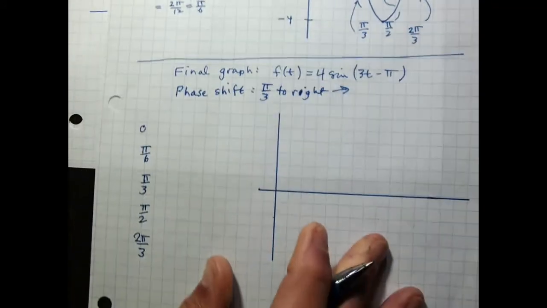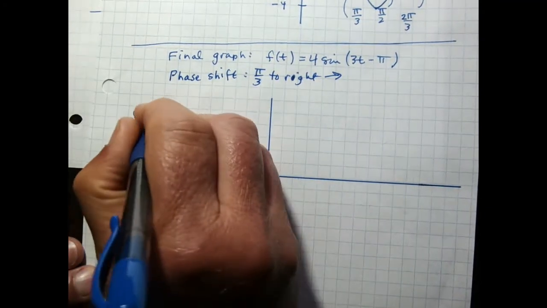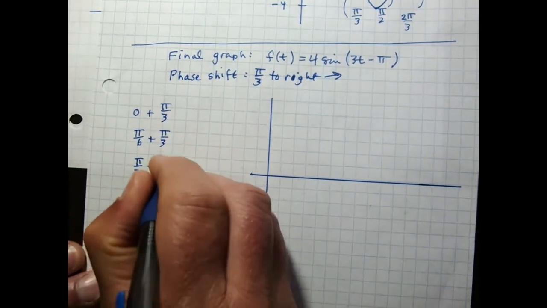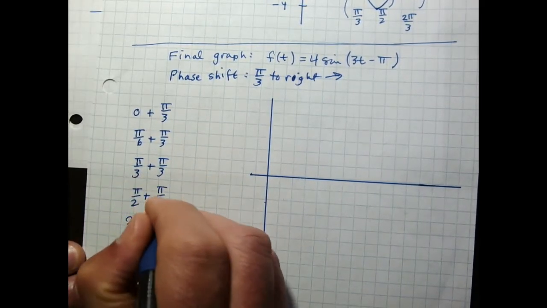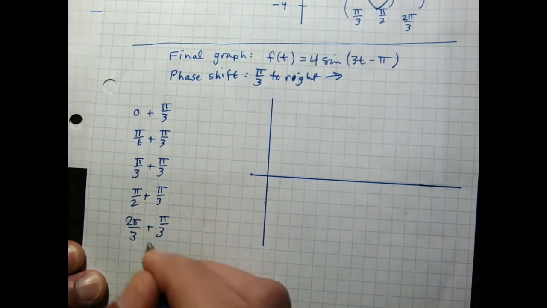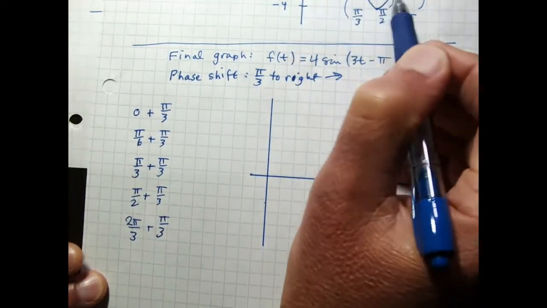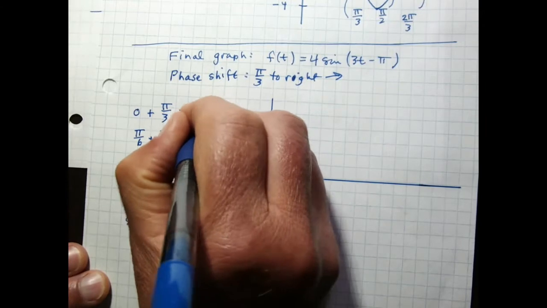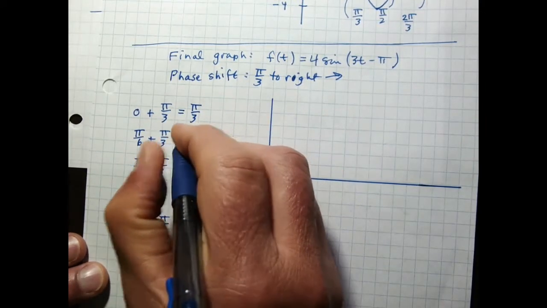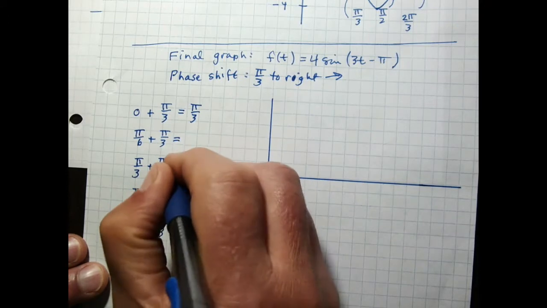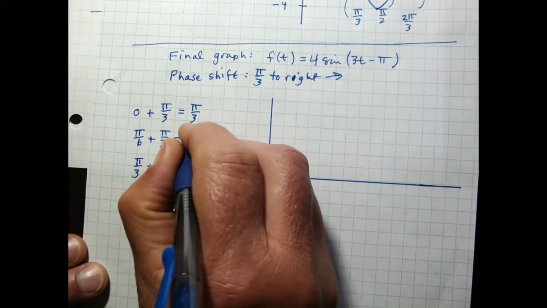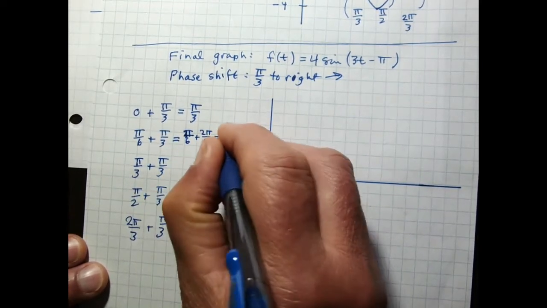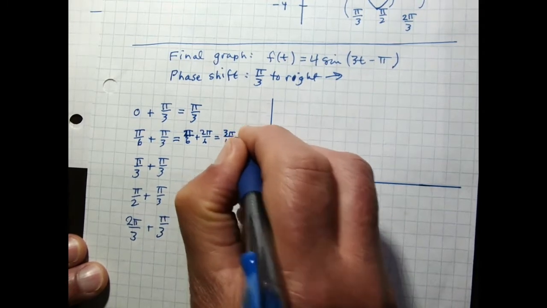And, sorry, got off to the side. And I'm going to add the phase shift onto each one of those. Okay. So those are just the important input values. I'm using the reduced forms here. And when I add pi over 3 onto each one, I get pi over 3. Pi over 6 plus pi over 3, I've got to add fractions here, right? That's pi over 6 plus 2 pi over 6 is 3 pi over 6, which is going to be pi over 2.